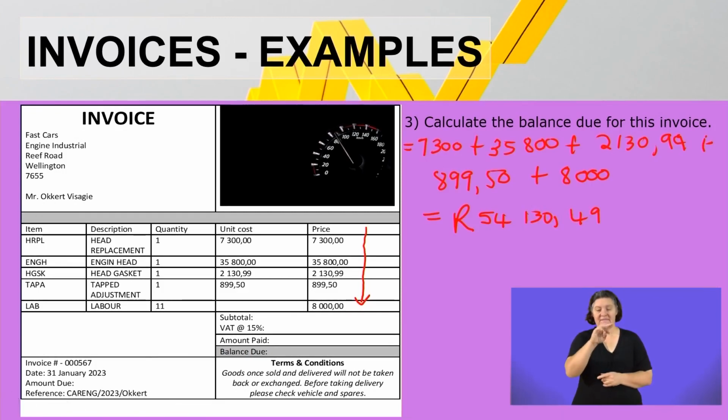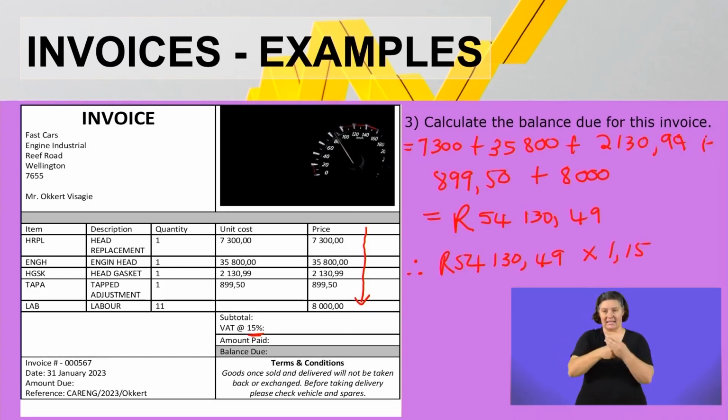Now this is the VAT exclusive amount. Remember here we indicate VAT at 15%. So therefore, I'm going to take this 54,130 Rand and 49 cents and multiply that by 1.15 to include our VAT.